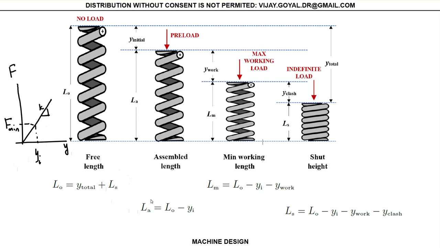And then your assembly length can be found by any of these equations, and by this equation it is L sub 0 minus the initial. Your minimum working length would be L work, the free length minus LA, minus this, or initial minus work.